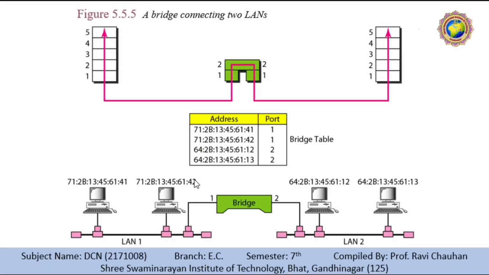Let's have an example. In the figure, two LANs are there, LAN 1 and LAN 2, which are connected through the bridge. If a frame destined for the station 712B13456142 over here arrives at port 1, the bridge consults its table to find out the departing port.